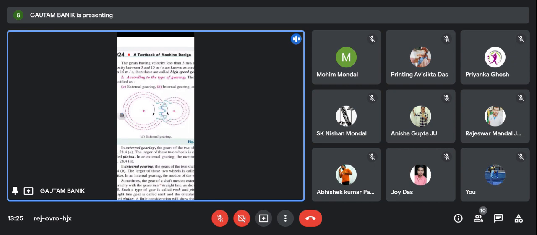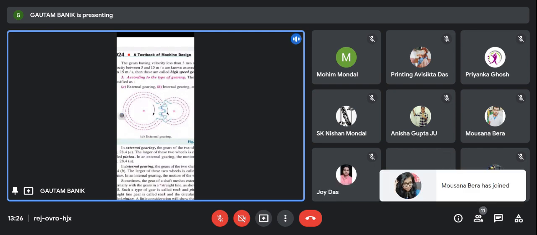The addendum circle of the driver is tangent to the dedendum circle of the driven or follower, and the dedendum circle of the driver is tangent to the addendum circle of the follower. So it is called external gearing.